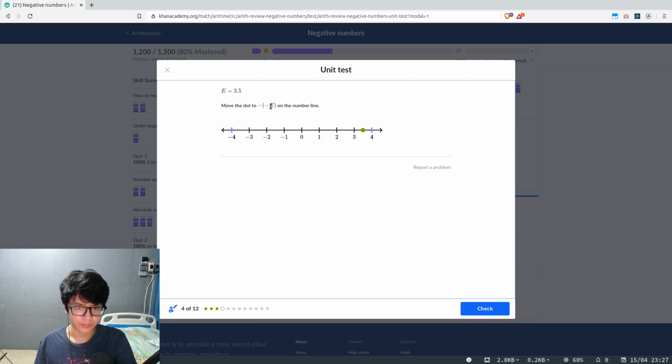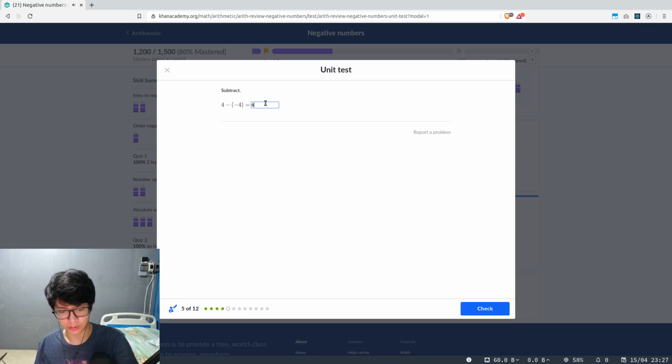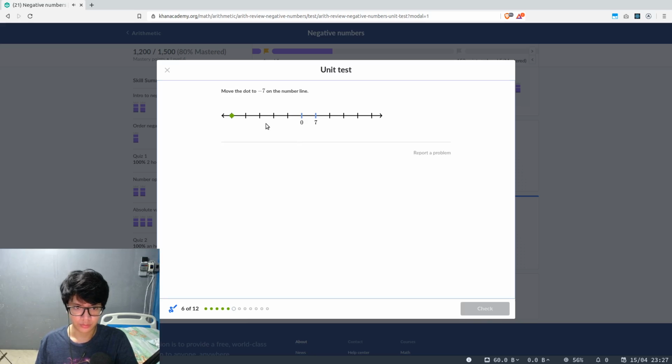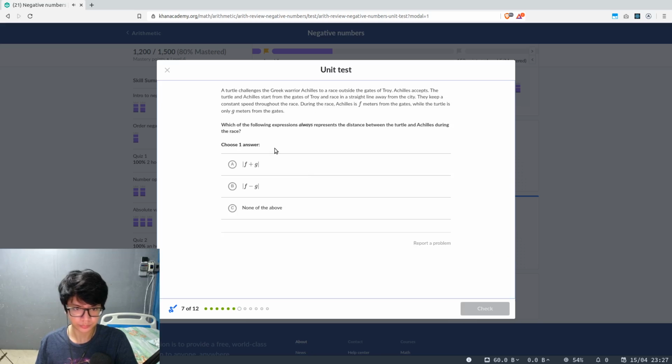The negative 0.5 cancels out. It's gonna return positive anyway. Hey, wow, it's gonna be 8. Move the dot to -7 on the number line. So it is -7 on the number line.